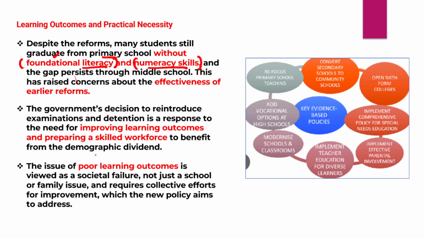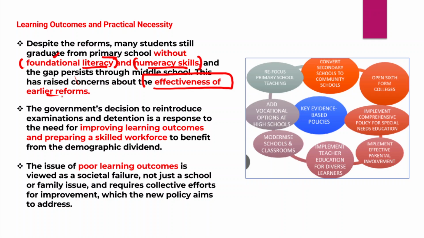But students at the primary school level are lacking these skills, and this gap is also carried on towards the middle school as well, and this has raised a lot of concerns about the effectiveness of earlier reforms, right? So even though the government has undertaken a lot of reforms in earlier years, those reforms were not translated into results.